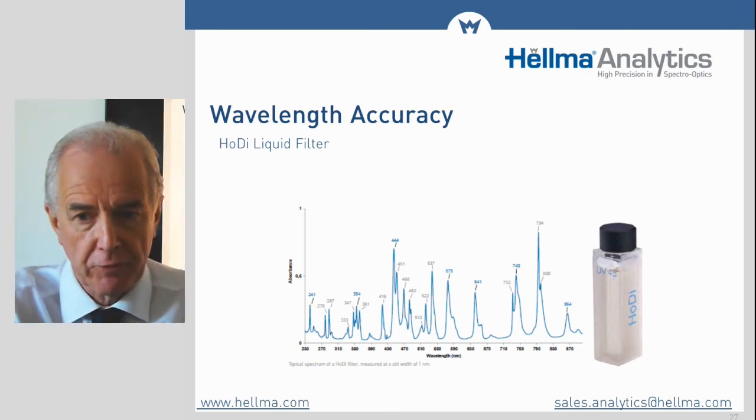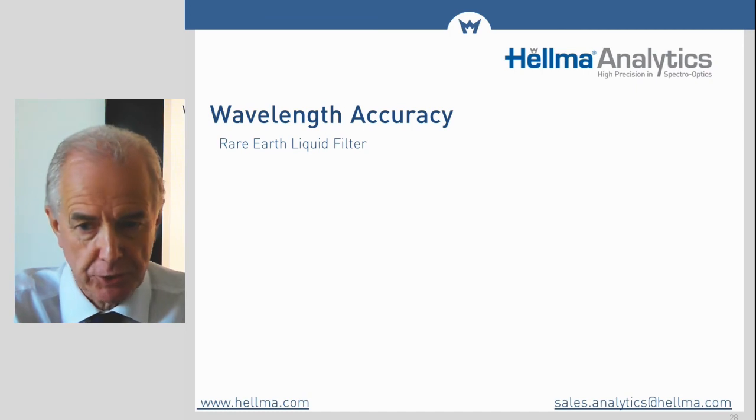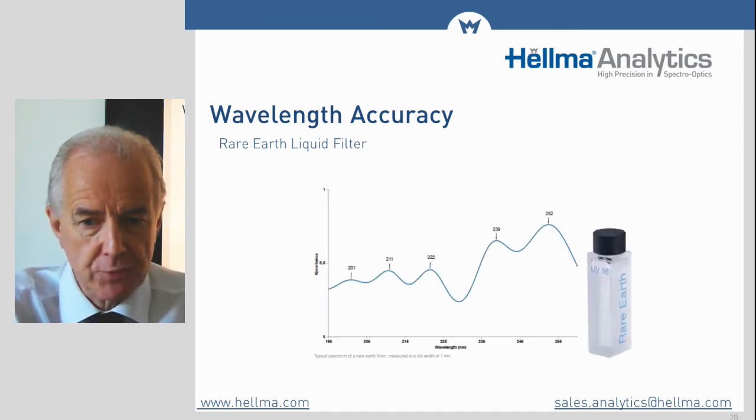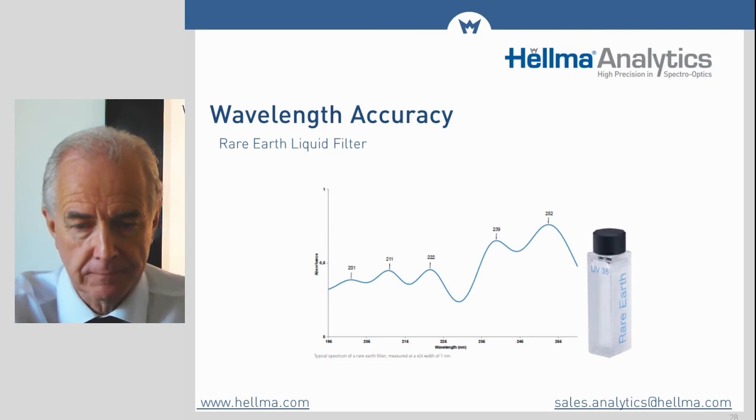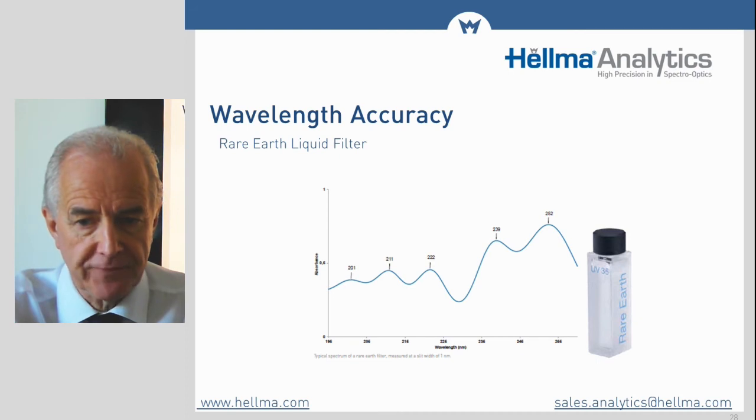The rare earth liquid filter is ideal for wavelength validation in the low UV and is especially suitable for life science applications. It has wavelength peaks at 201, 211, 222, 239 and 252 nanometers. So the challenge for EP10 compliance is to find a filter with wavelength peaks that bracket your wavelength range.